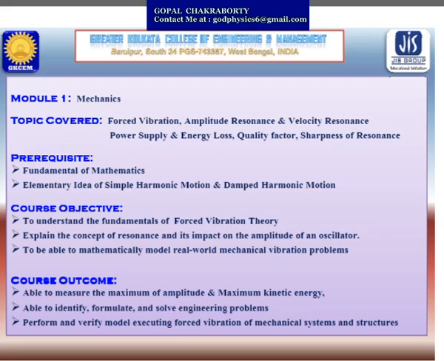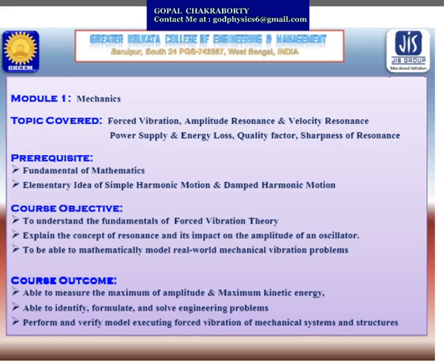motion. The course objectives are to understand the fundamentals of forced vibration theory, explain the concept of resonance and its impact on the amplitude of an oscillator, and to be able to mathematically model real-world mechanical vibrational problems.